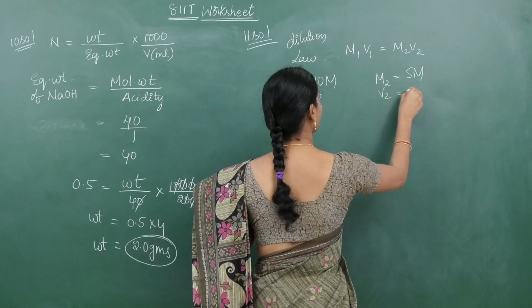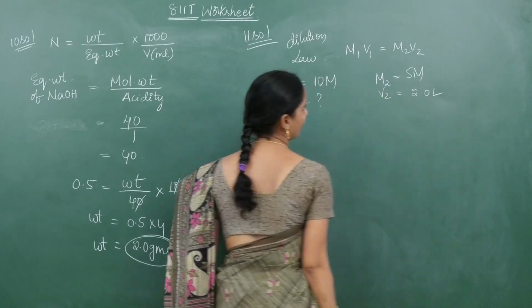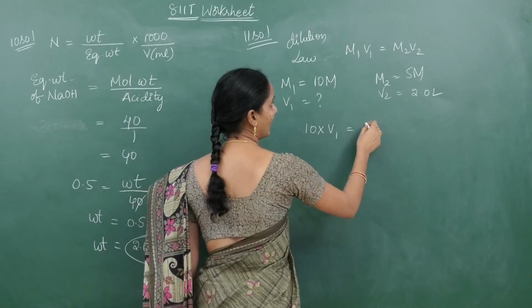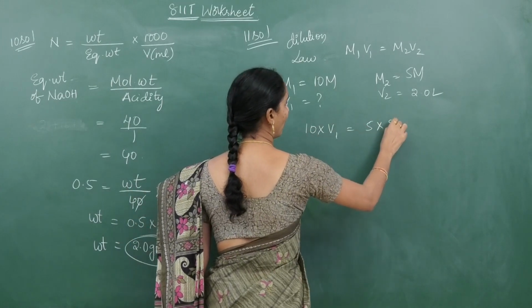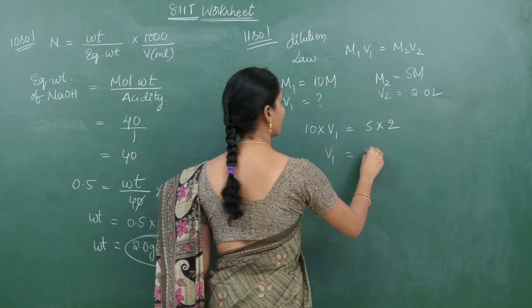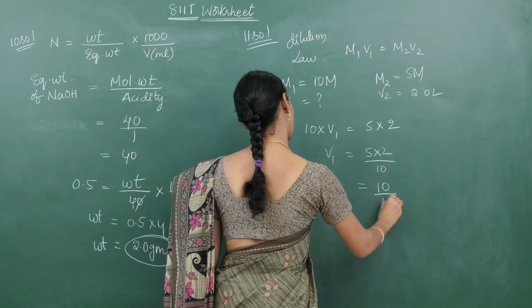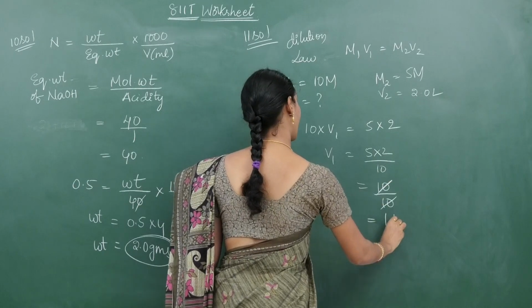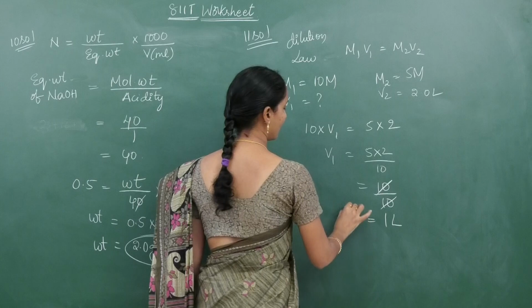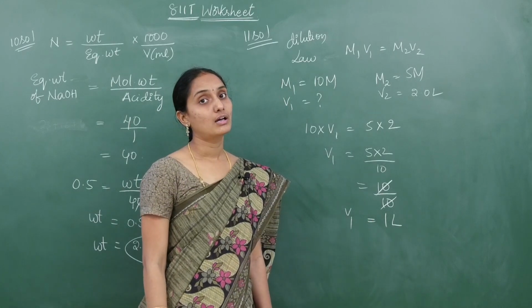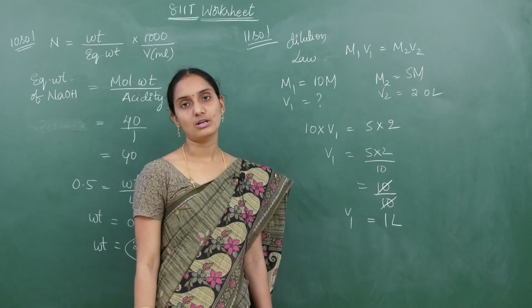And volume is 2 liters, children. So M1 is 10 into volume V1, M2 is 5 into volume 2. So V1 becomes 5 into 2 by 10, that is equal to 10 by 10. That means you have taken 1 liter solution initially and diluted with water to get 2 liter solution.